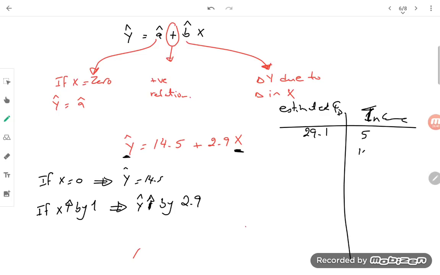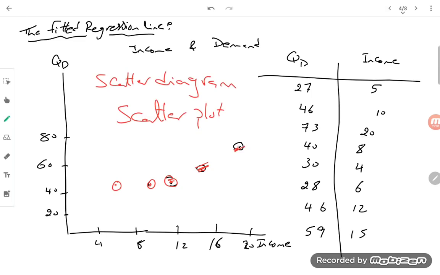If income is 10, quantity demanded will be 43.6. If it is 20, it's 72.7. Actually, in the actual data, if income is 20, quantity demanded is 73.